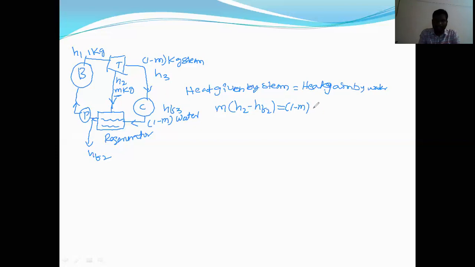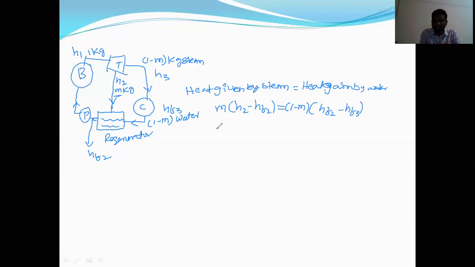And what is the heat gained by the water? HF3 to HF2. So here HF2 is the highest one, so we have to write HF2 minus HF3. This is the heat gained by the water.